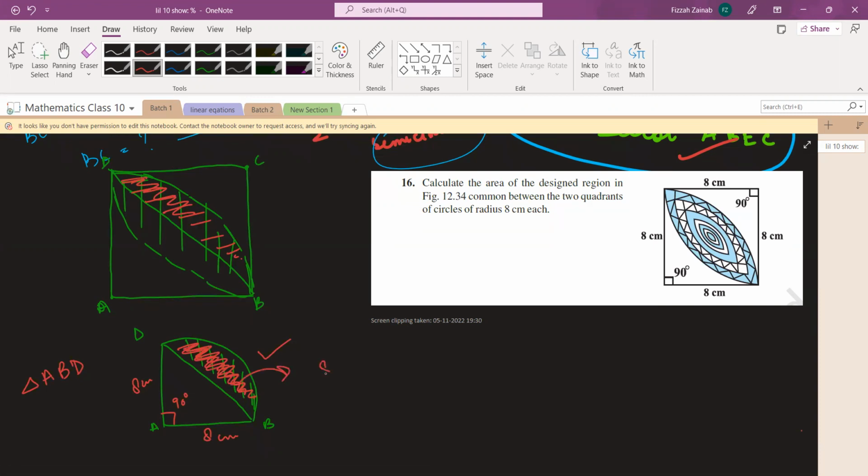Basically, this segment you are finding out. Once you find this segment, in the end you have to just multiply this area by 2. That's it. You will get this complete area. Half you are finding, and the other half is also the same, because the other quadrant also has radius 8 centimeters. So no need to find it separately, just multiply by 2.